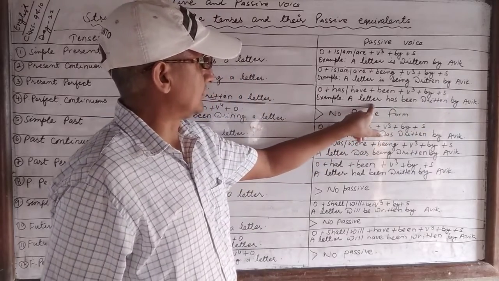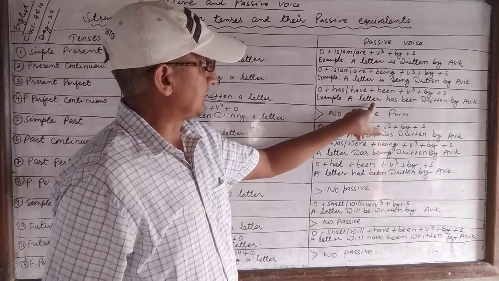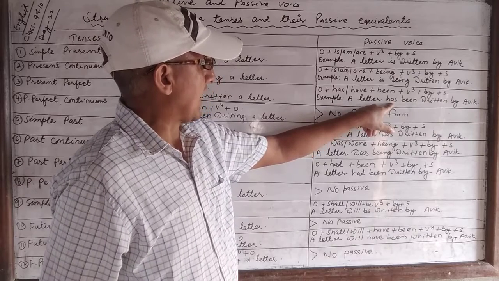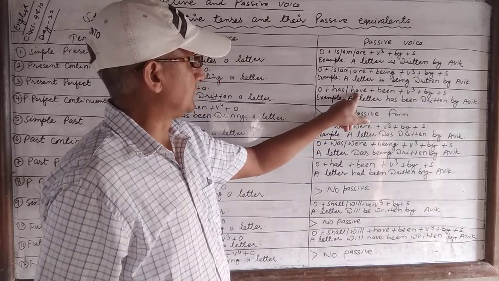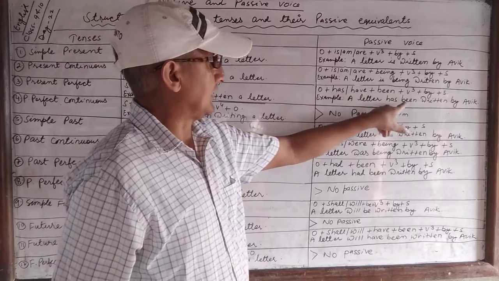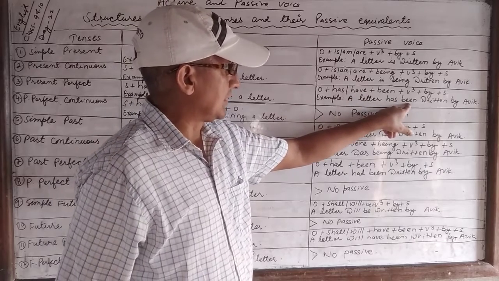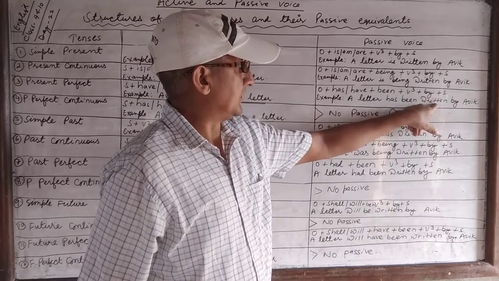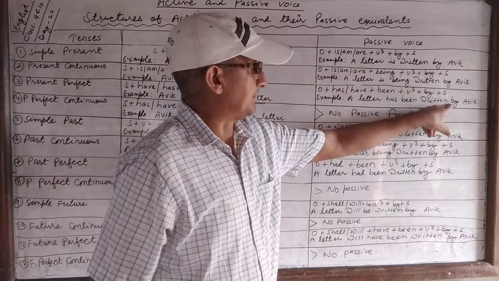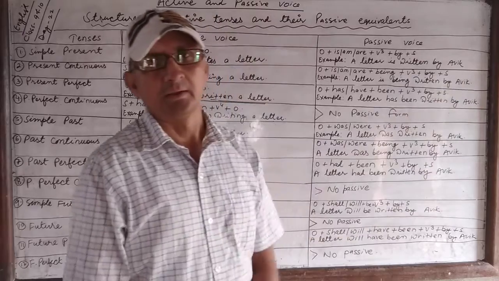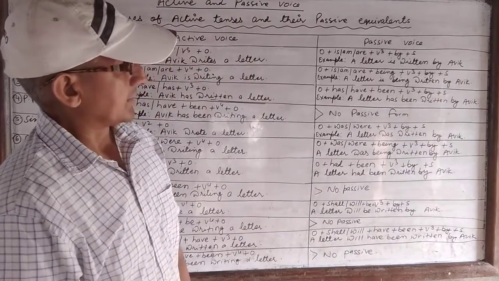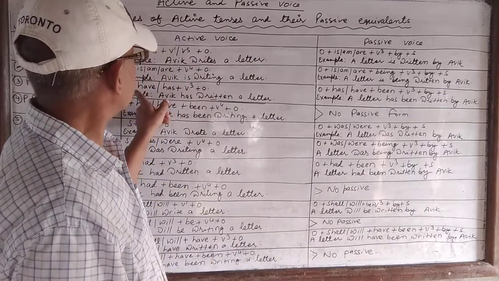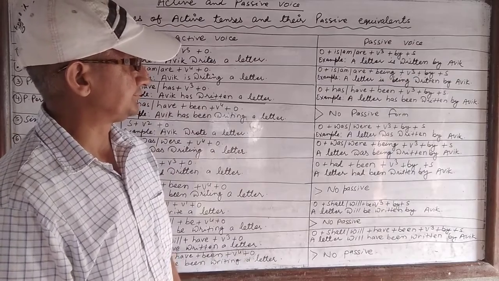A letter is singular subject, with singular subject we use has, and with plural subject we use have. And after that been, with perfect tense we use been, and the verb in third form, and by and Avik, the subject of the active voice.